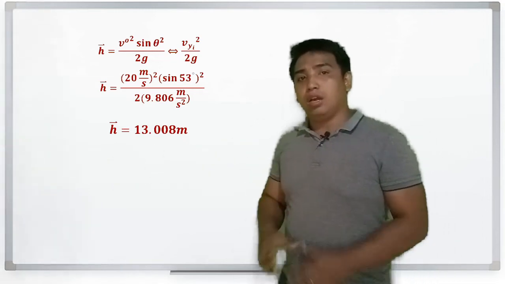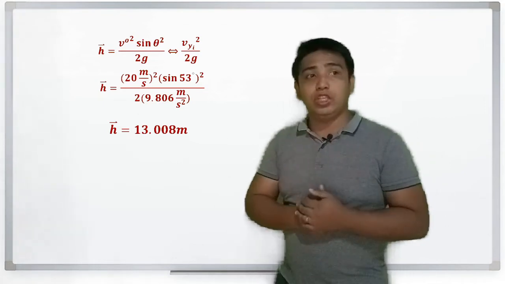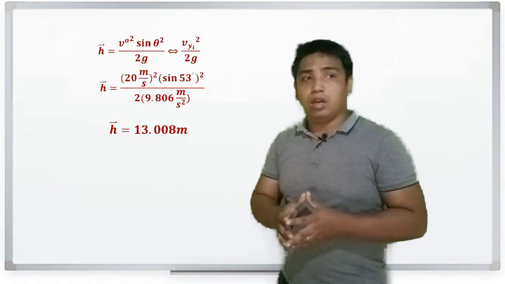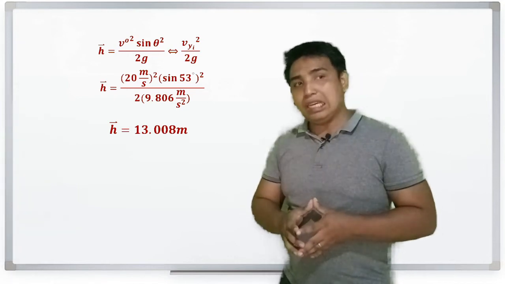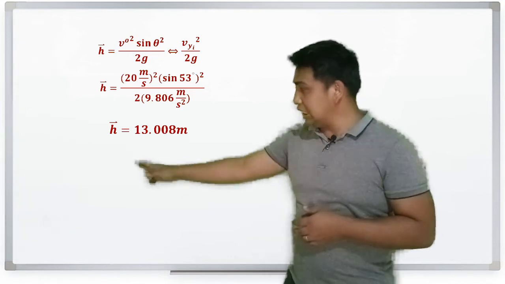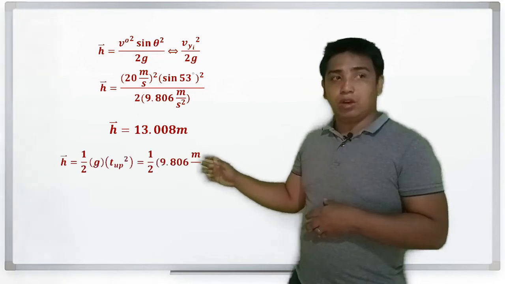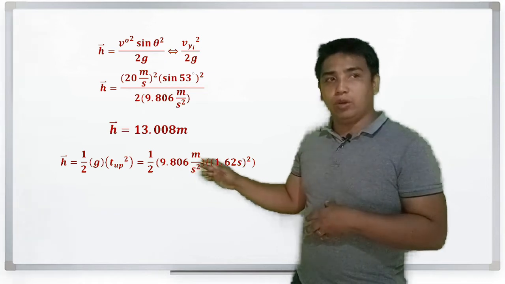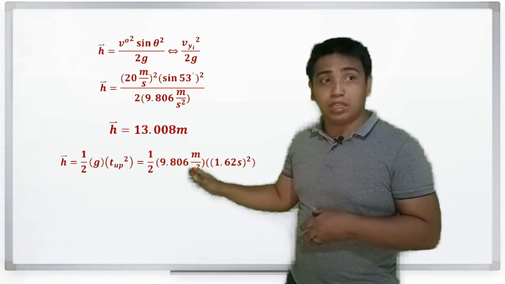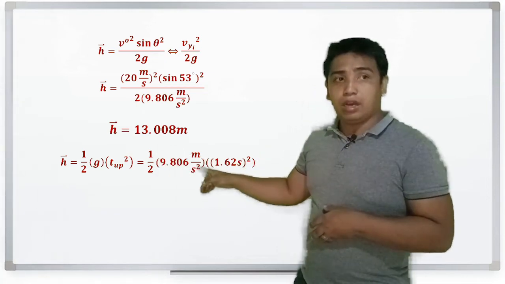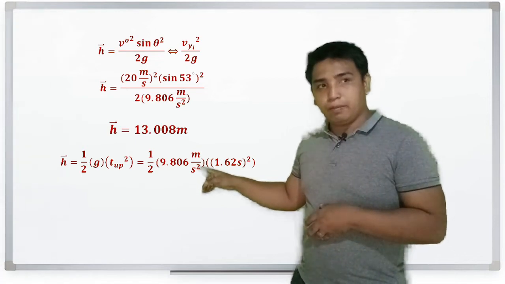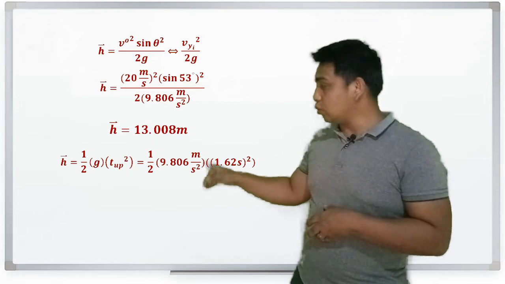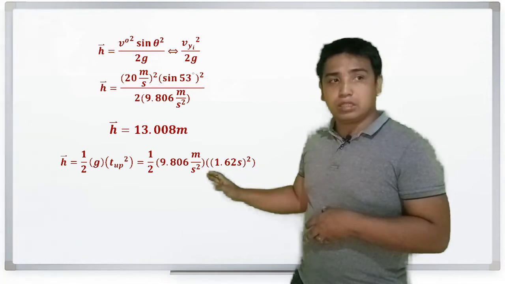Now you can actually use the formula for the free fall motion, which is h is equivalent to 1/2 g t squared. Executing it will give you 1/2 times 9.806 meters per second squared times the time needed by the ball to reach the maximum height, which is 1.62 seconds squared.